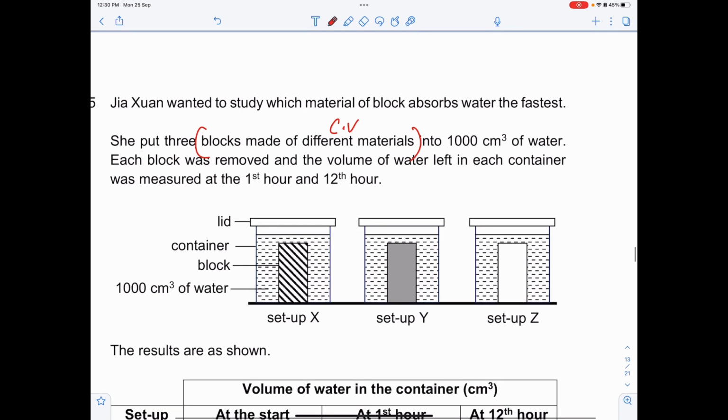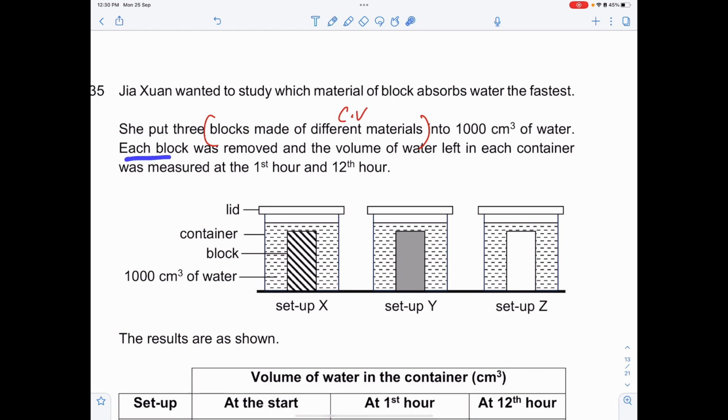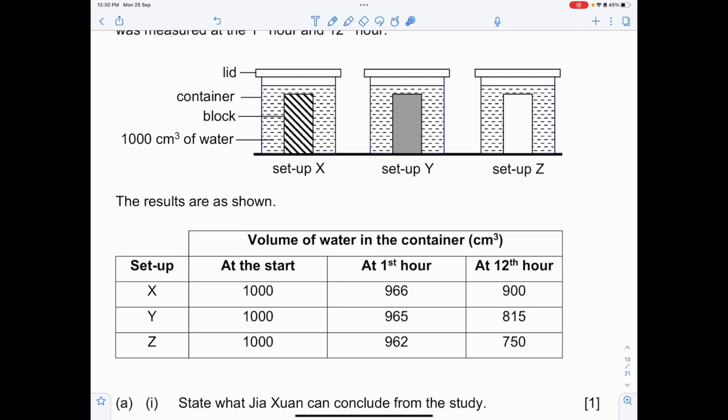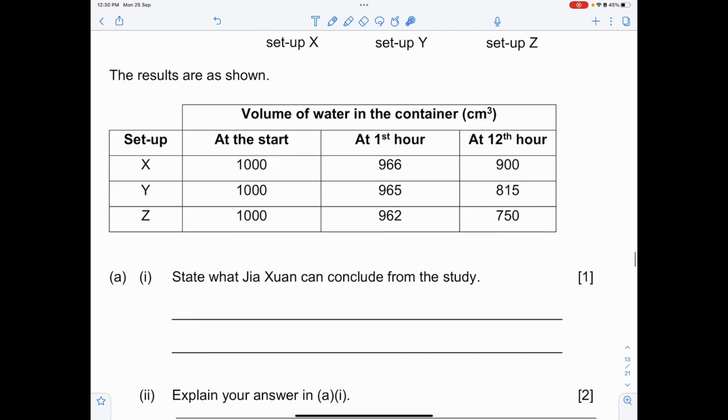Now, each block was removed and the volume left in each container was measured. So these are your blocks. Now, the results of water is shown. What you would see here is that the one that has less water is actually Z. So what can Jia Xuan conclude?